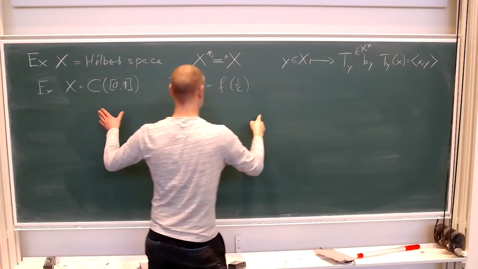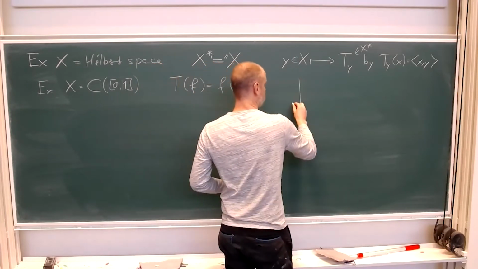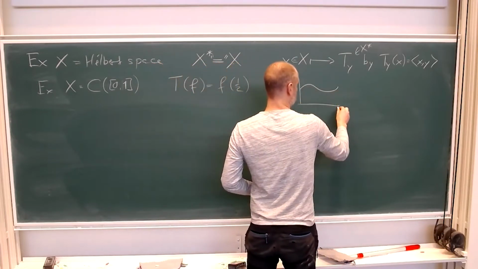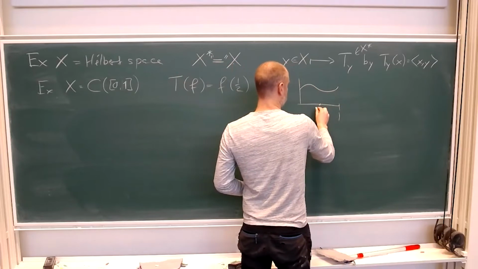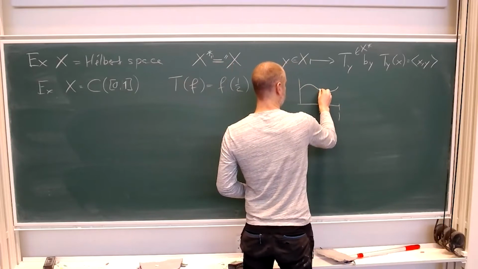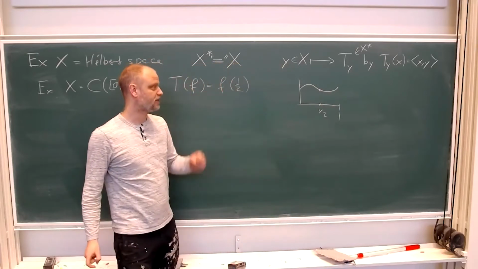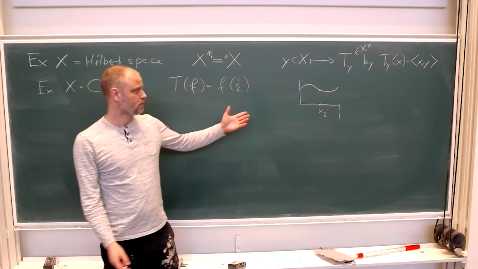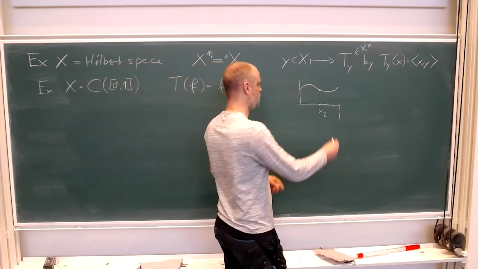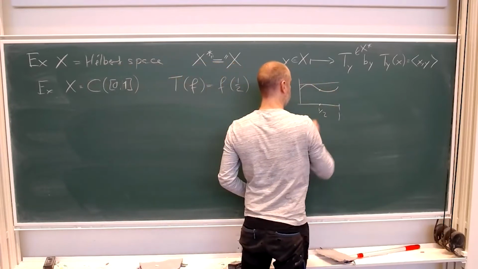Here's the picture. Here's the 1/2, and T of f is just the value of f at 1/2. Clearly, it's less than the norm, which is up here.